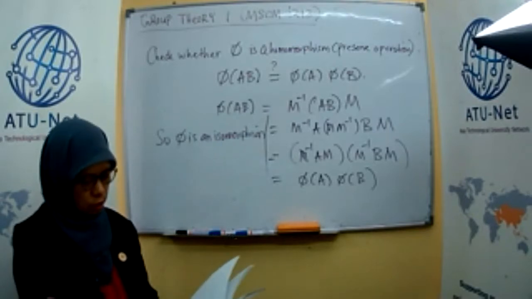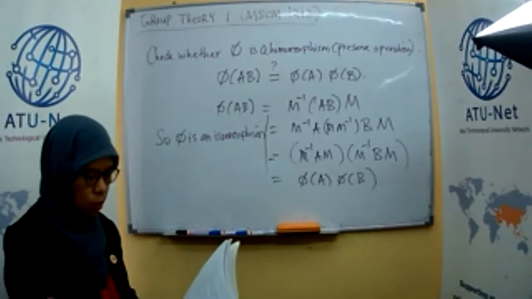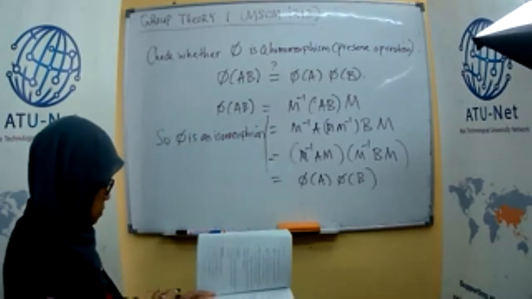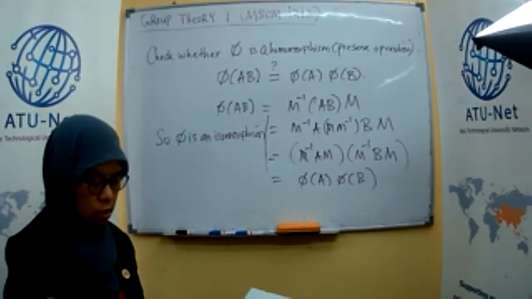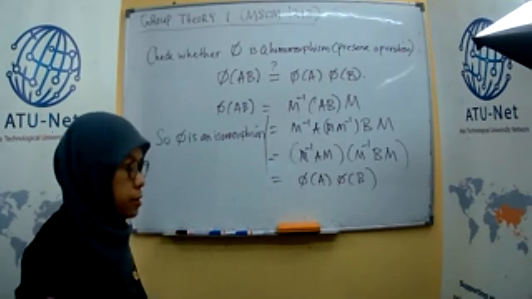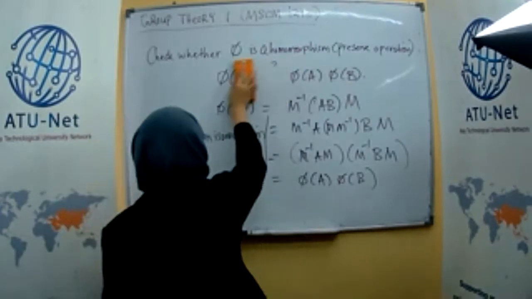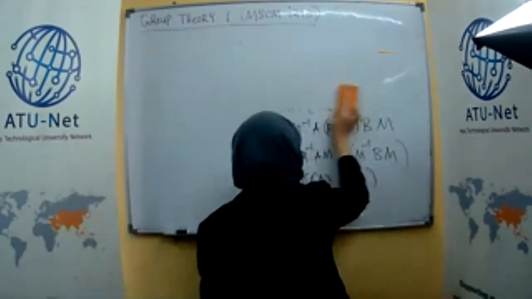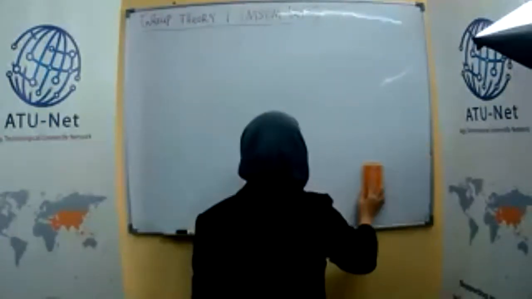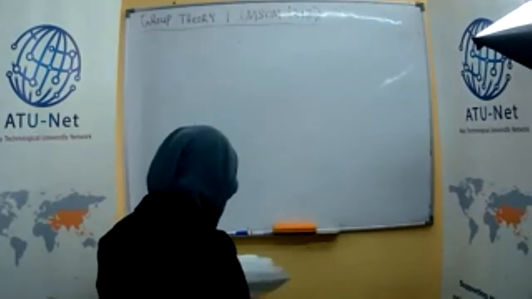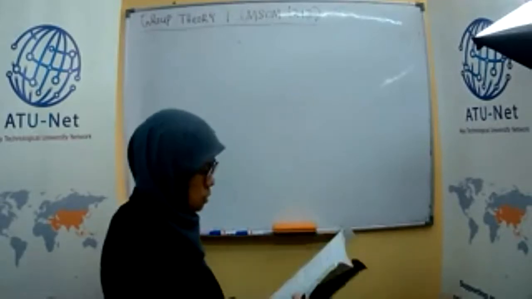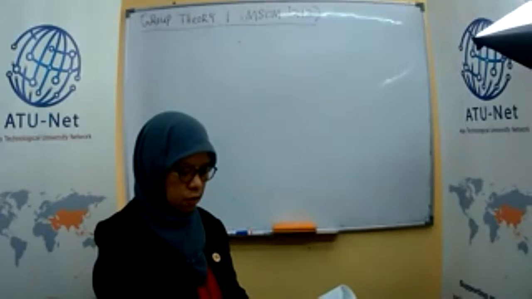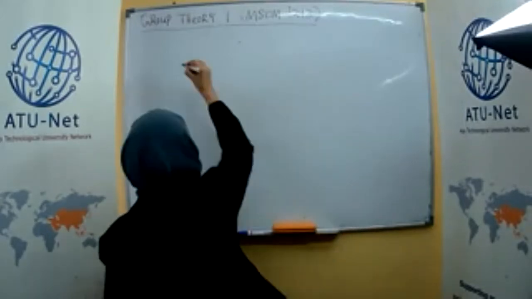I have gone through example 5.7, yeah? I want to go through the properties of isomorphism. I have said this, but I haven't gone through one by one. Okay, this is from section 5.5, some properties of isomorphism.